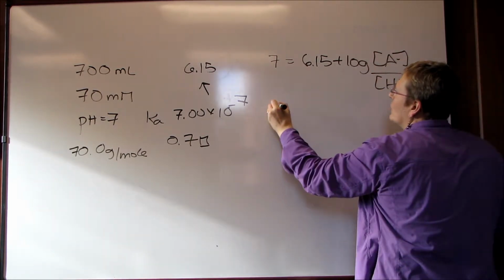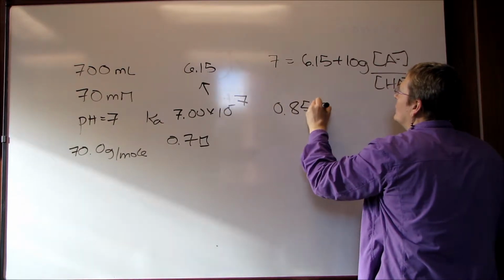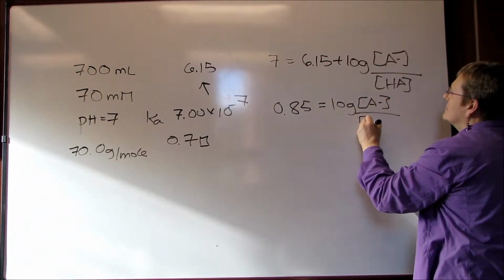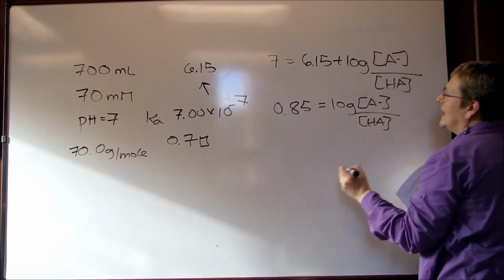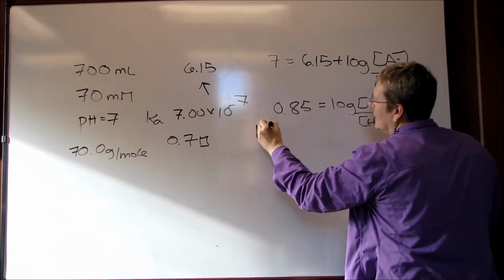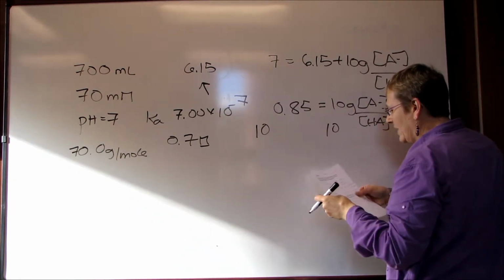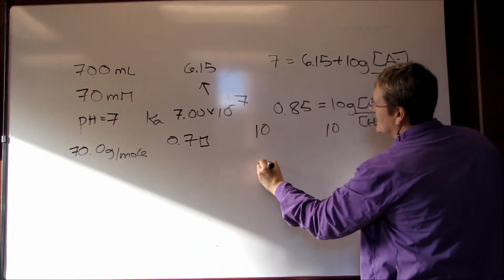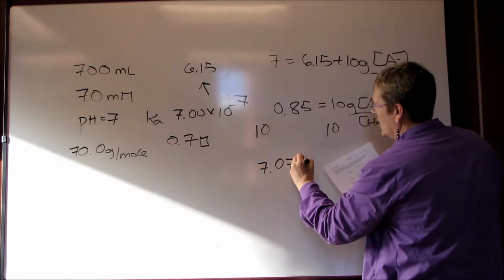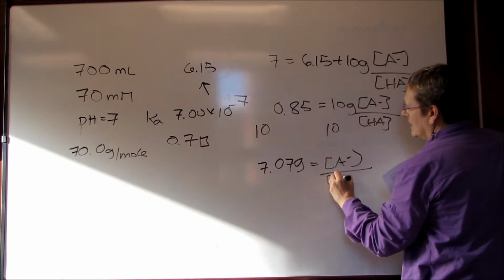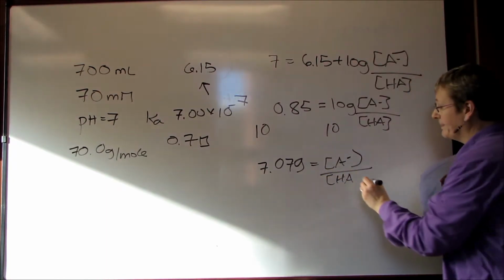Okay, so we have 0.85 equal to that, which if we take 10 raised to the power of both sides, we end up with a ratio of 7.079 equal to A minus over HA. So that's our first equation.